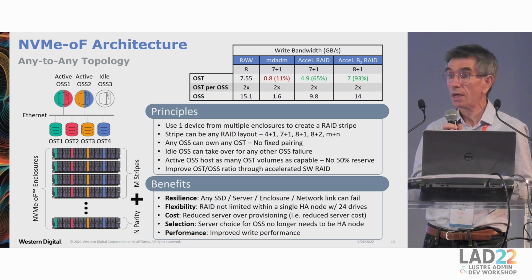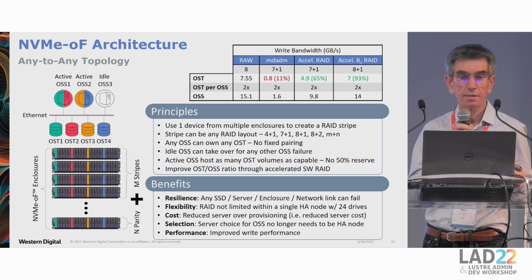You can plan additional resources on your OSS, let's say, for instance, 10% additional compute and network resources on each OSS, and you don't need an extra OSS. And of course, with this solution, we will use the hardware accelerated RAID solution to take the full benefit of the NVMe performance.